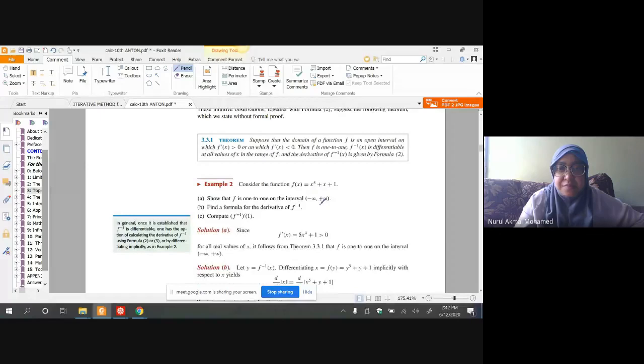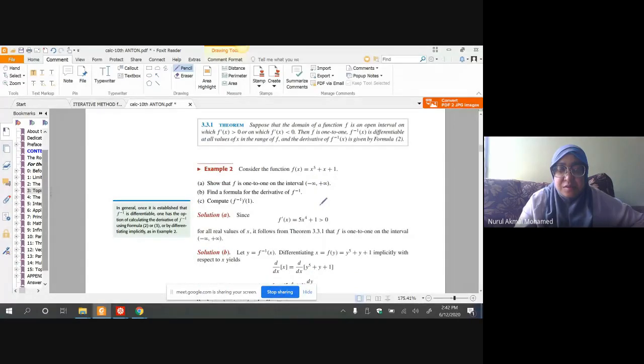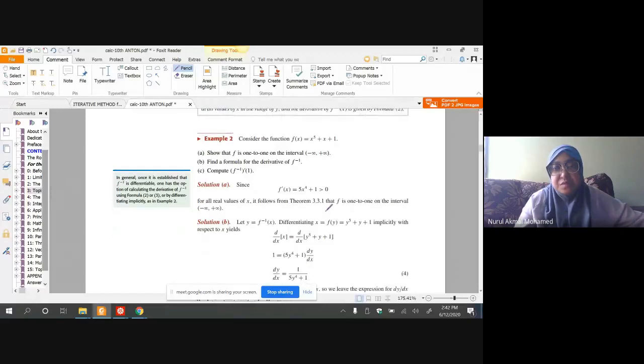I think you have learned this before during your secondary school. Let's say you have f(x) equal to x to the power of 5 plus x plus 1. Show that f is 1 to 1 on the interval from negative infinity to infinity.